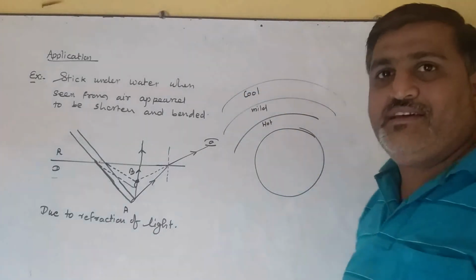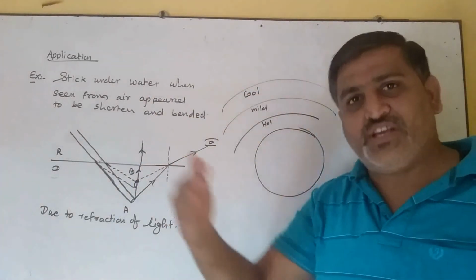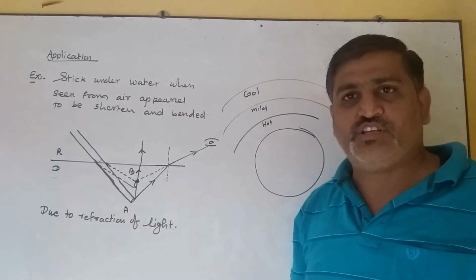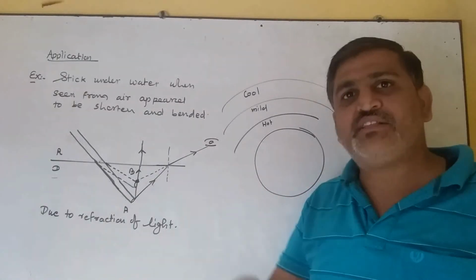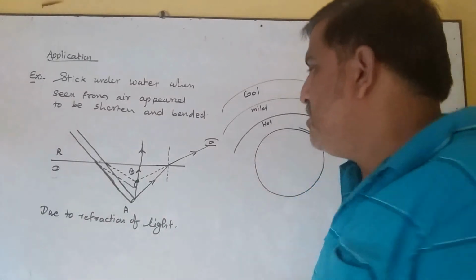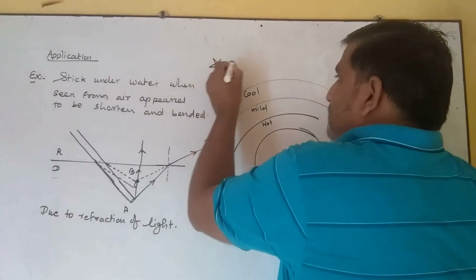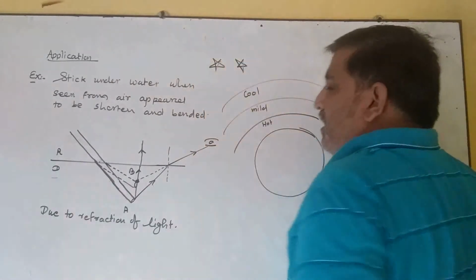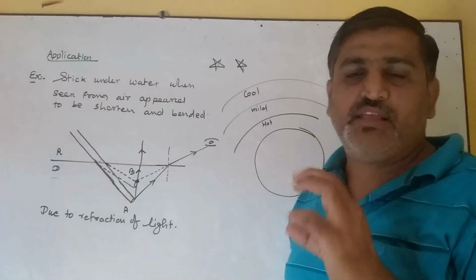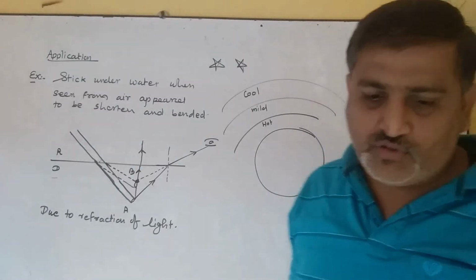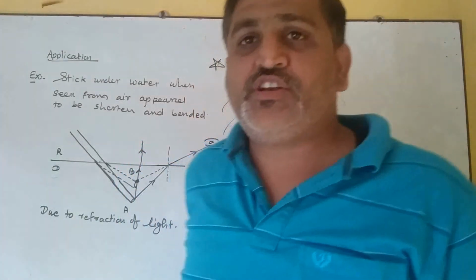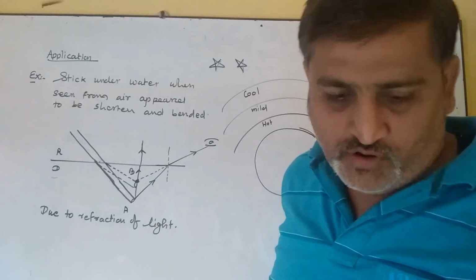So as the layers change, the temperature also changes, and as the temperature changes, the refractive index also changes. Due to that, the stars which we see in the sky appear to be blinking. So this is one of the phenomena which depends on refraction of the light.